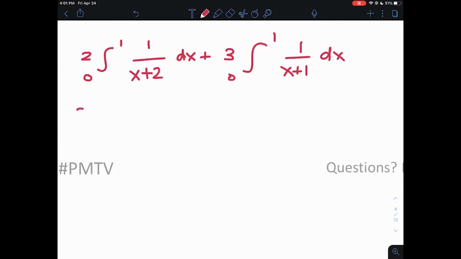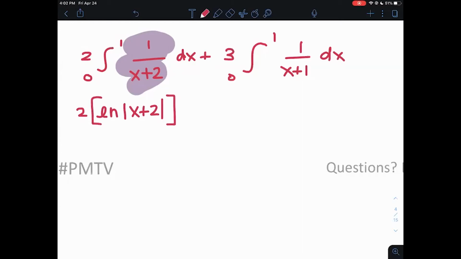So if we are evaluating this here, the integral of 1 over x plus 2 is the natural log of the absolute value of x plus 2. And I need to evaluate that. I'm going to use brackets for my evaluation here just because I have those absolute value bars. I need to evaluate that at 1 and 0.